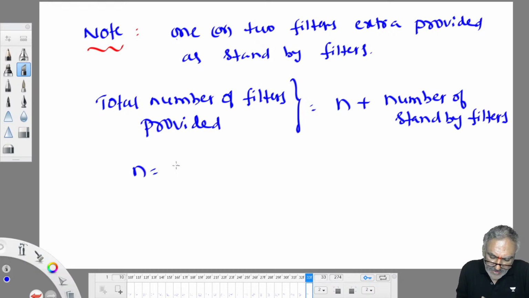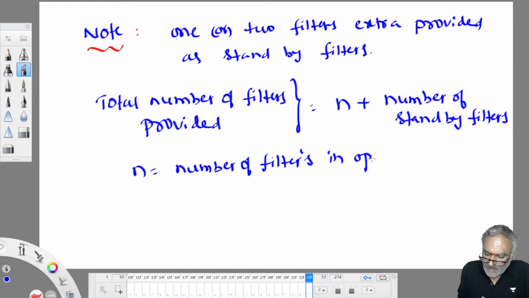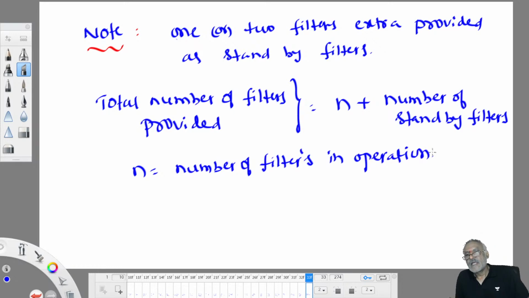So N is equal to the number of filters in operation. So always N filters should be in operation. Standby filters we normally keep idle. In emergency only we put them into use. If any of the filters gives you trouble, in emergency we use standby filters. Understood?